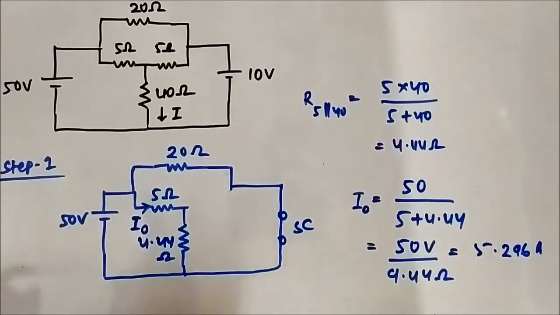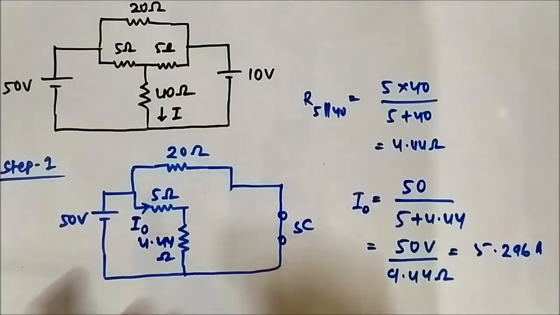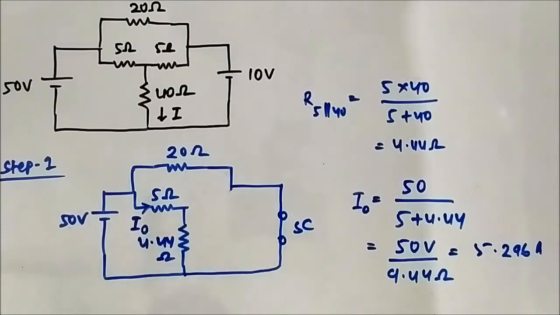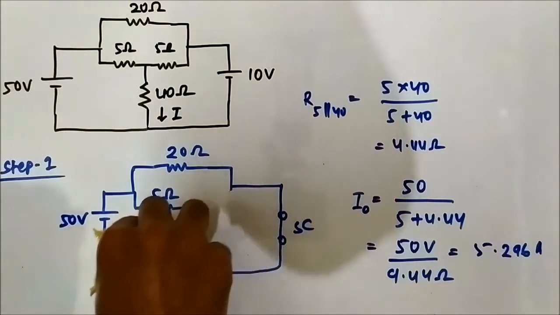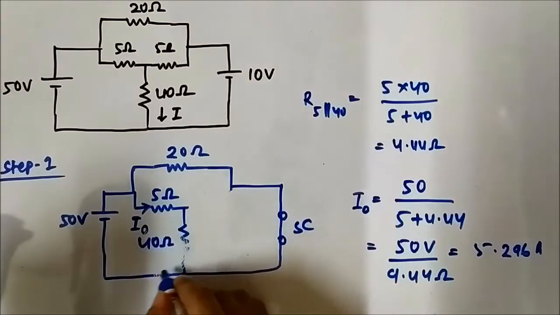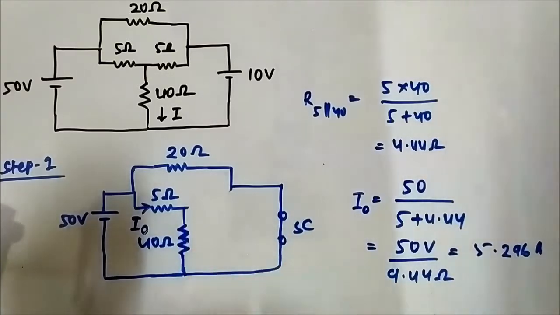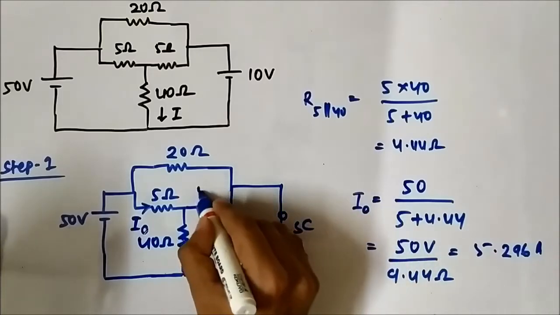Now again we will have to redraw the circuit to the original form. This current is 5.296. We did all the equivalent resistance calculation in order to determine this current. Now we will redraw the circuit to its original form. This will become 40 ohm, and this is again 5 ohm.